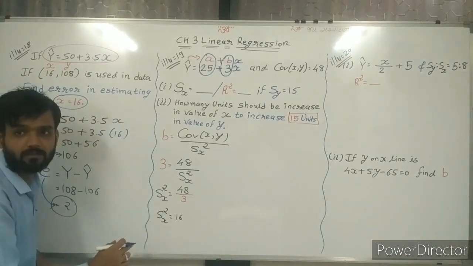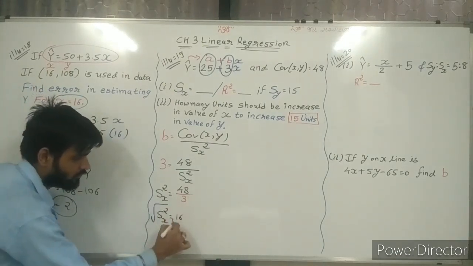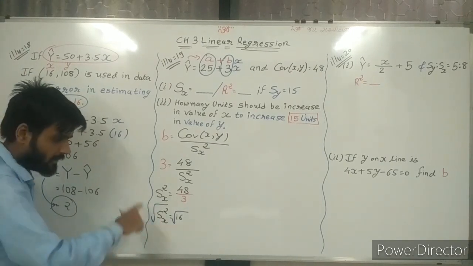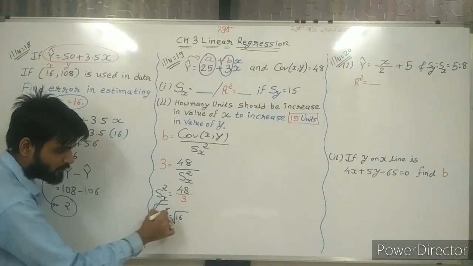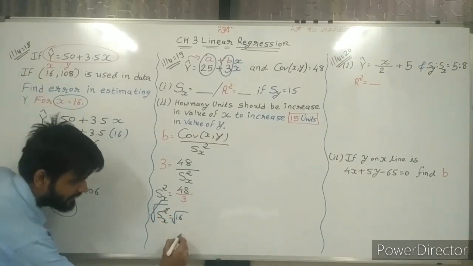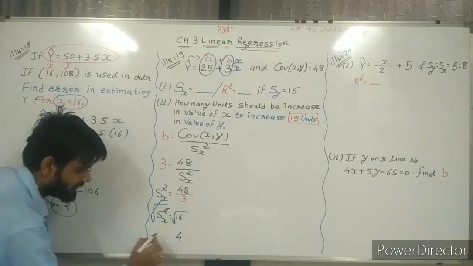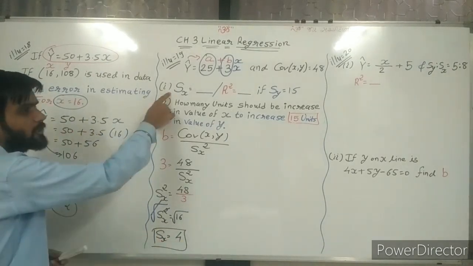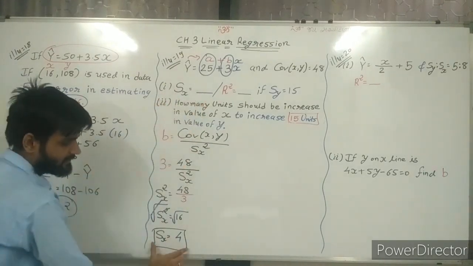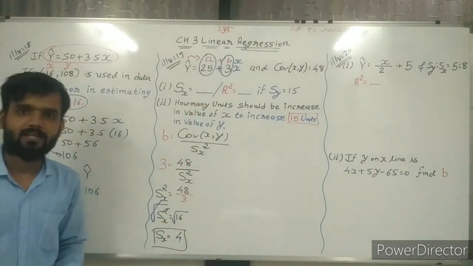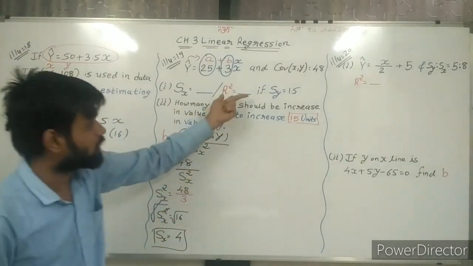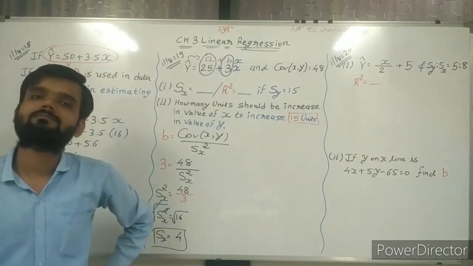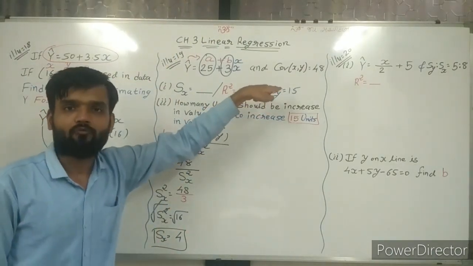Here Sx square is given, so take the root of this to cancel the square. The root sign and square cancel, and root of 16 is 4. So I can say, sir, Sx is equal to 4. My first question, Sx, is clear. Now, in that first question, the second part is also there: find r square if Sy is equal to 15.